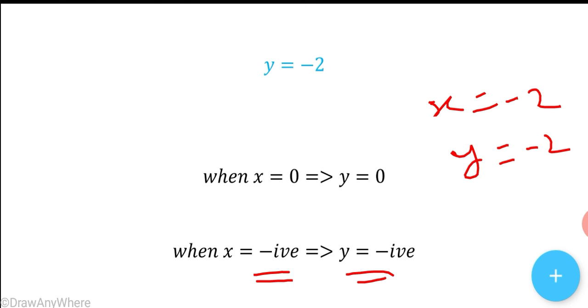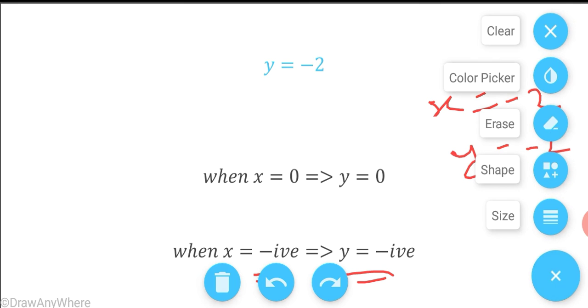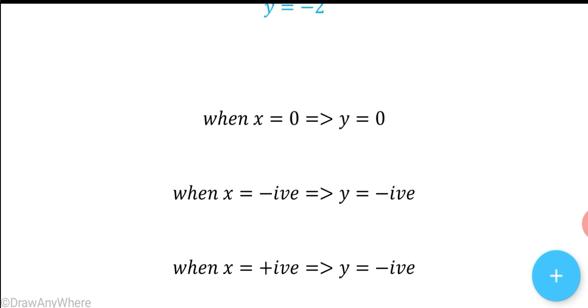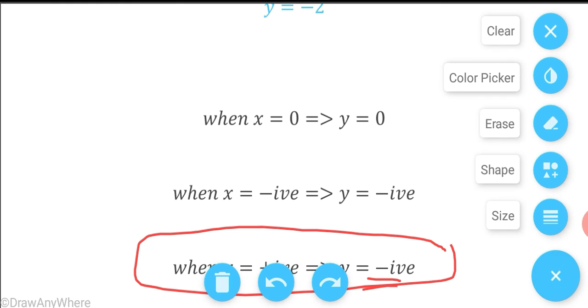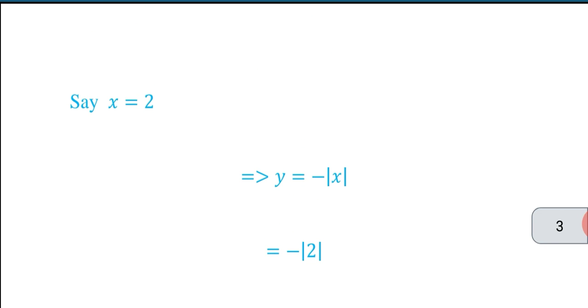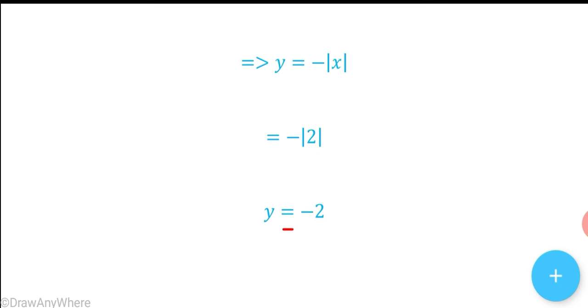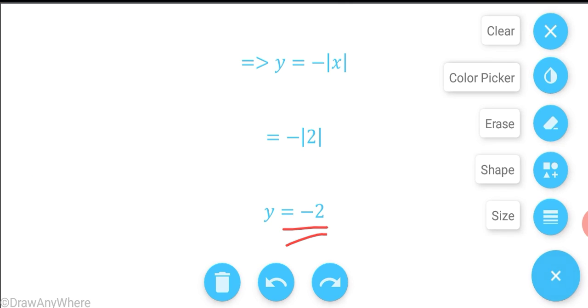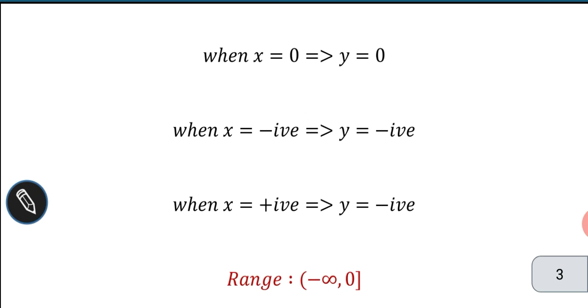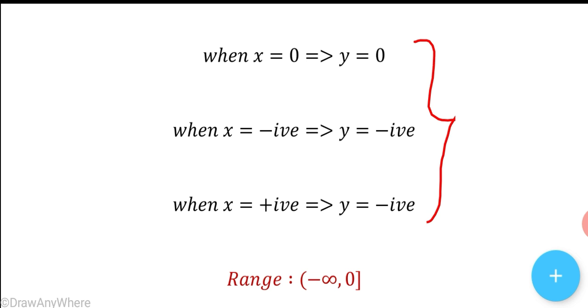When x is positive, for x equal to 2, we got y equal to minus 2, which is negative. So the range is negative, 0, negative.